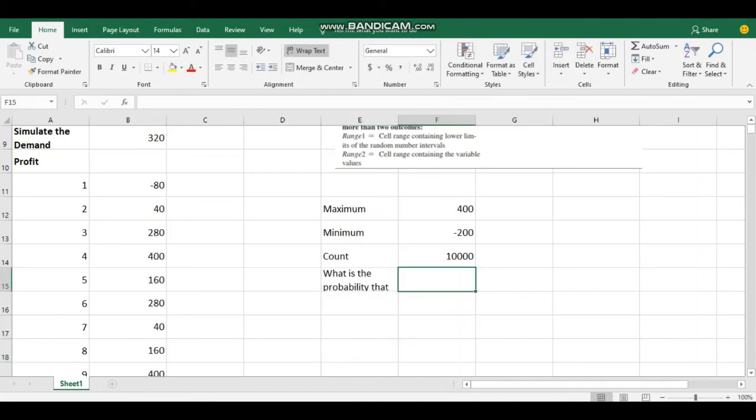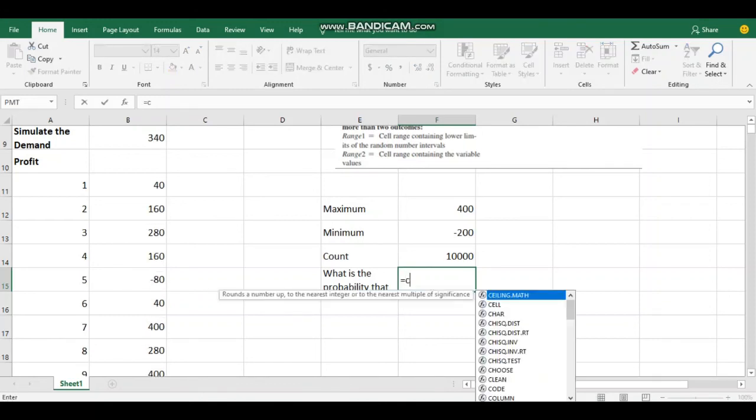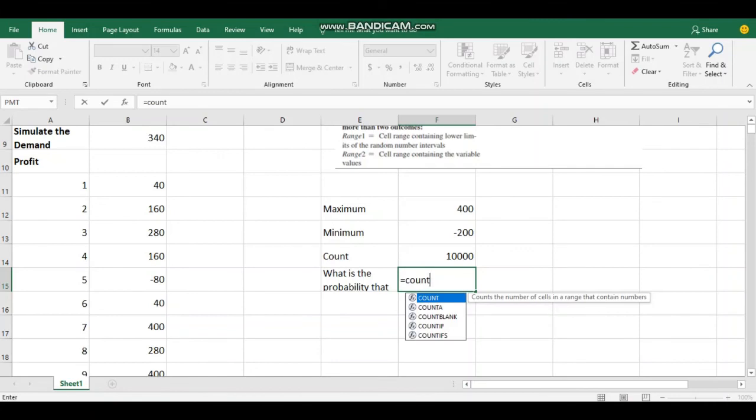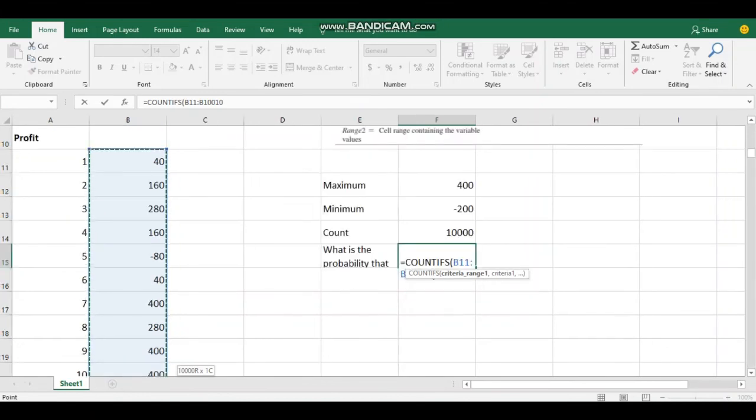Very simple. What function do we have to use to identify that? Just press is equal to COUNTIFS function. Criteria range is this range, control shift down, control shift up, then comma.